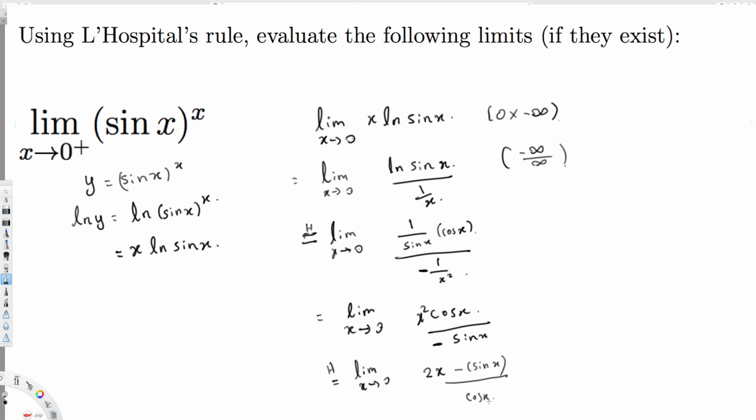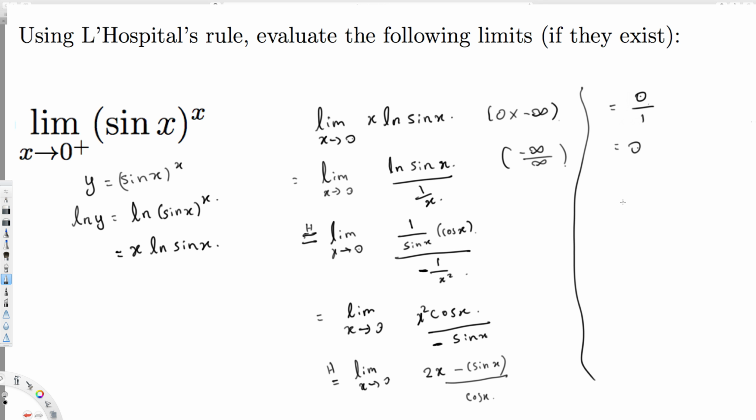And cos 0 is 1. Now we can solve this: substituting 0 for x, we get 0 over 1, which is 0.